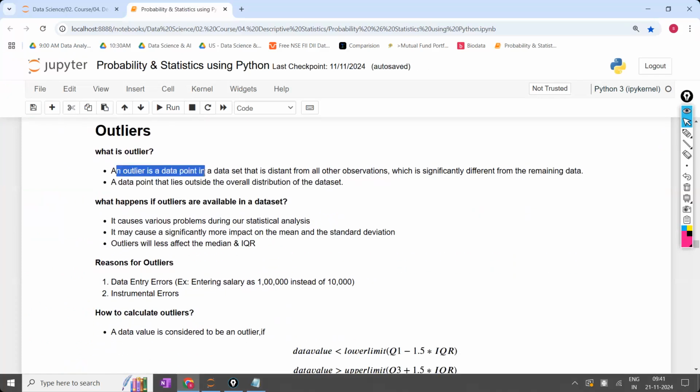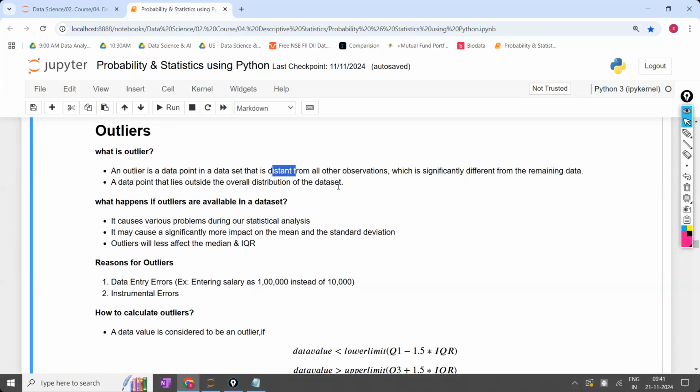An outlier is a data point in the data set that is distant, distant means far away, from other observations. It is significantly different from the remaining data. A data point that lies outside the overall distribution of the data is called an outlier.